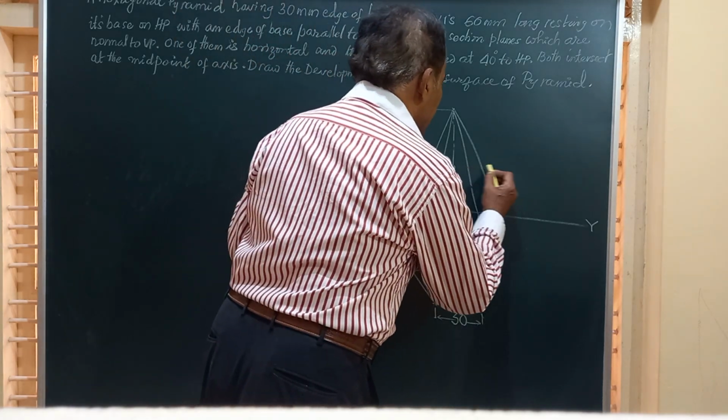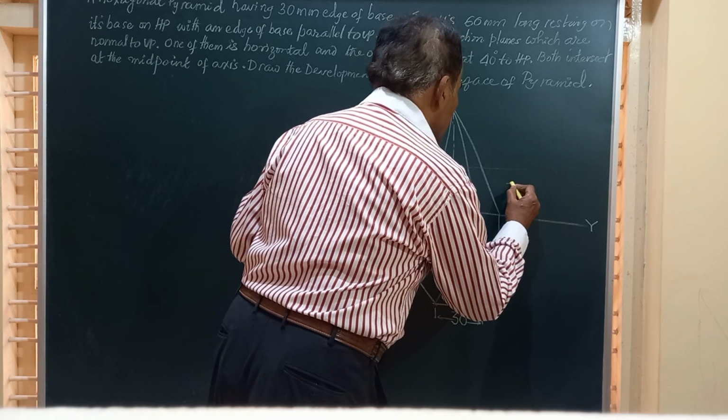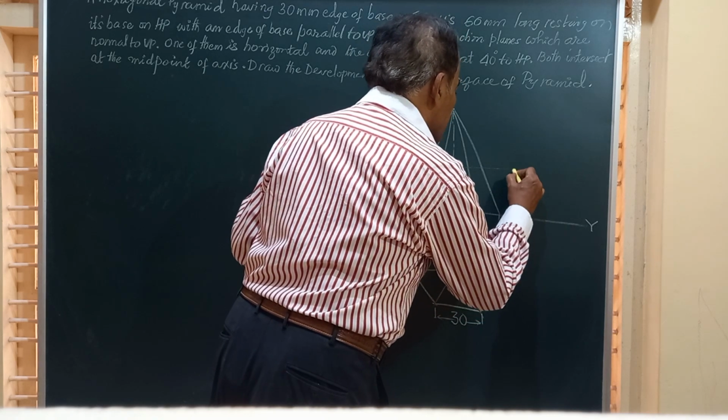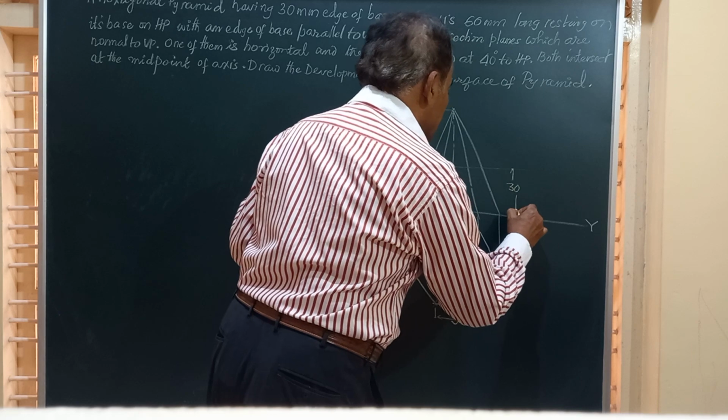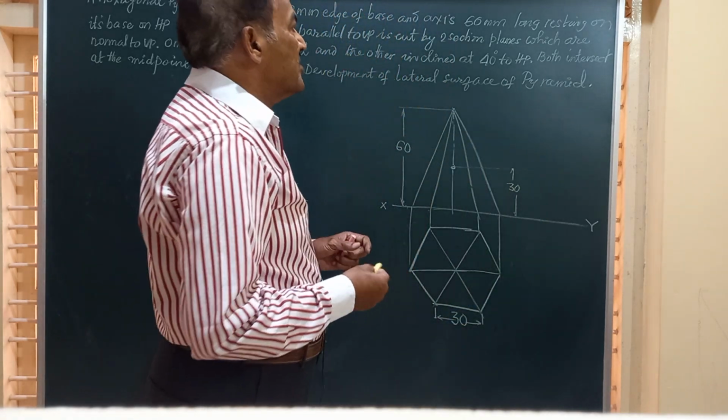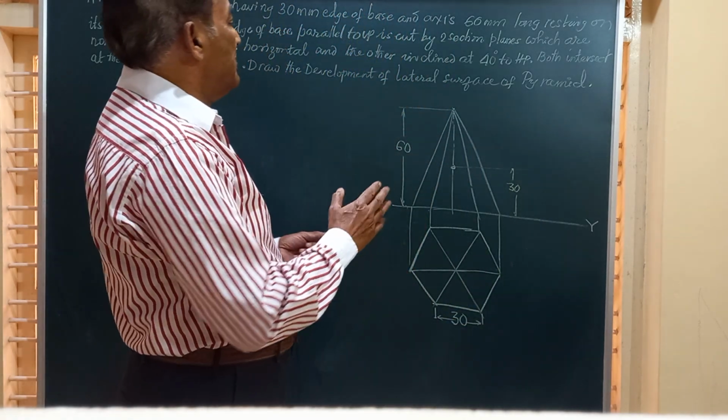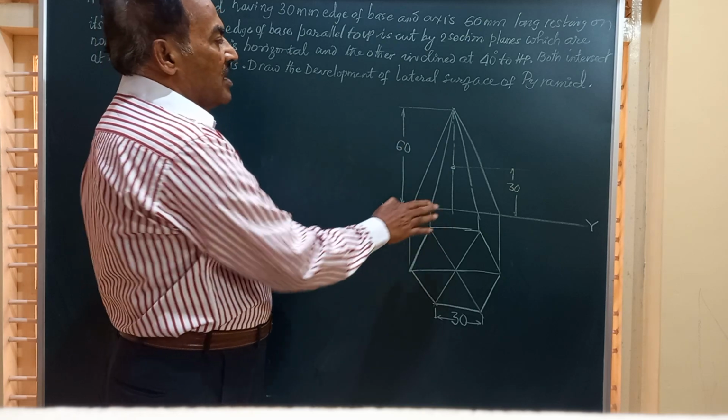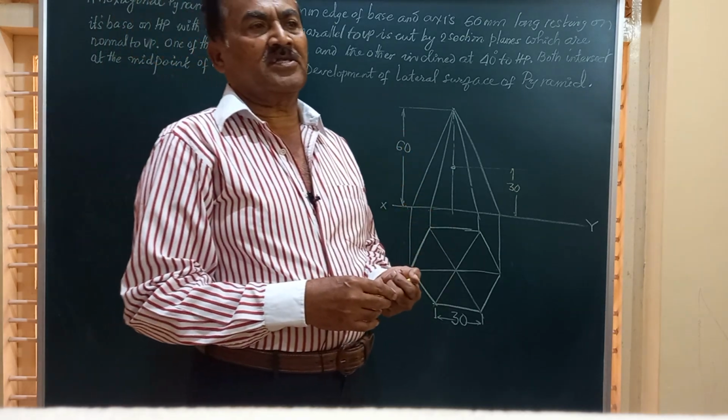When I say mid height, I should take a height of 30 millimeter from the base and mark that point. And we are required to draw the development of the lower part of these two section planes.